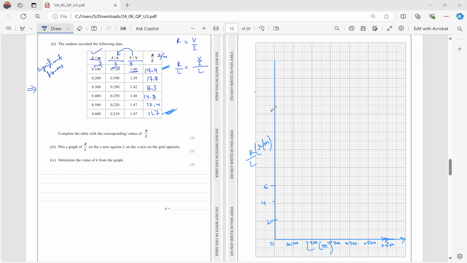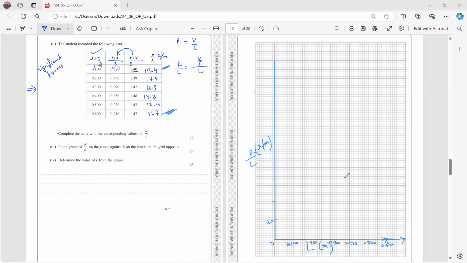And the values that I require would even go beyond the graph. So shall I choose a scale of 5? Like just put 5, 10, 15, 20? Again, not convenient because my entire graph would just be lying in these blocks. Right, so what do we do? I need to choose a sensible scale.